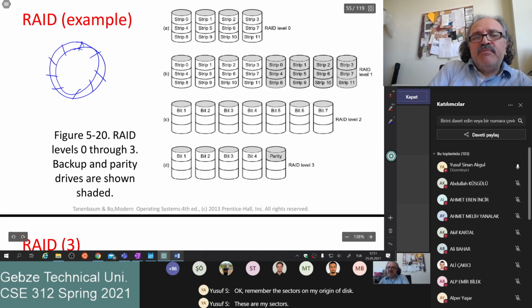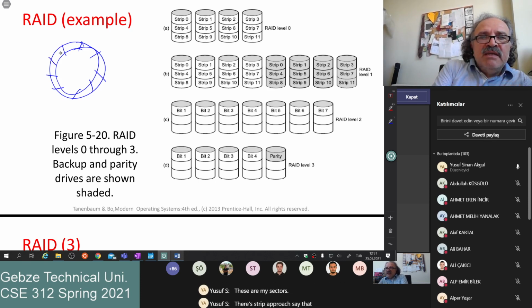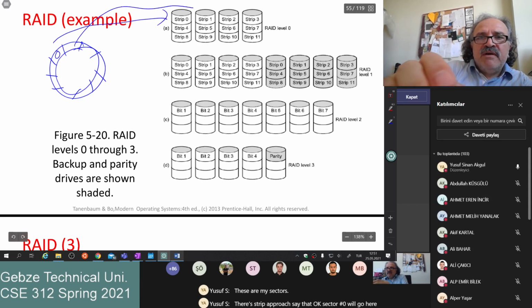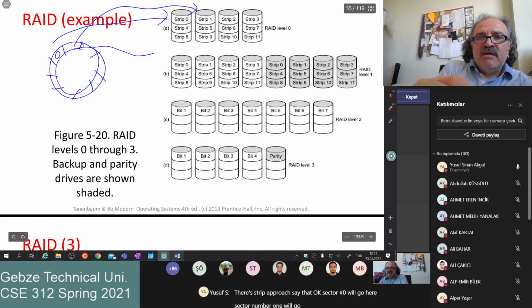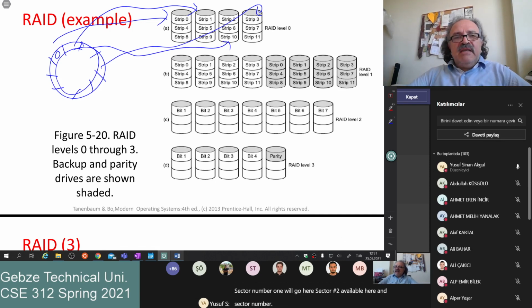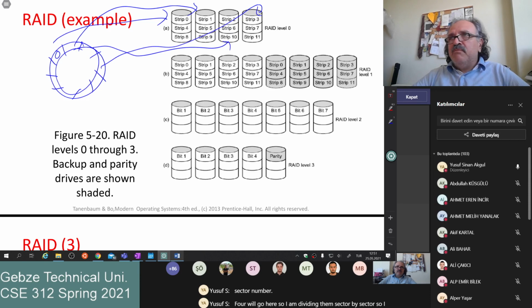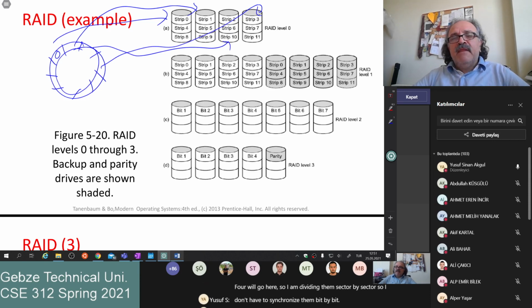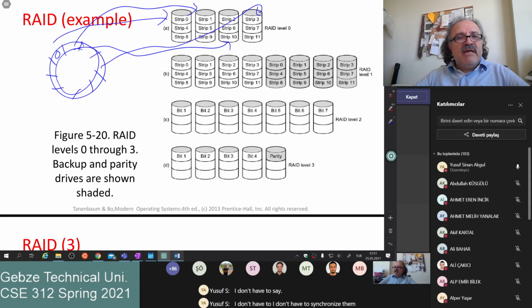This strip approach says that sector number 0 will go here, sector number 1 will go here, sector number 2 will go here, and sector number 4 will go here. So I am dividing them sector by sector, so I don't have to synchronize them bit by bit, but sector by sector.